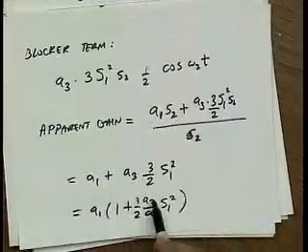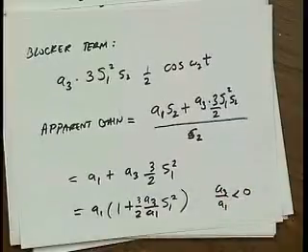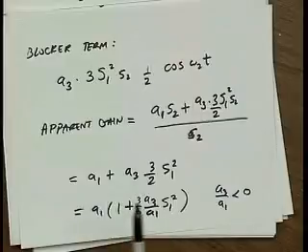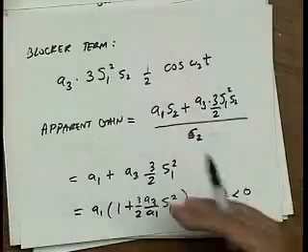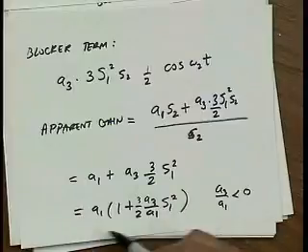Now if A3 over A1 is less than 0, which is usually the case for compressive nonlinearity, I can see that my blocker is reducing the apparent gain experienced by that small signal. So the small signal doesn't know what's going on. It goes through the amplifier, and instead of experiencing a gain of A1, it experiences a reduced gain.